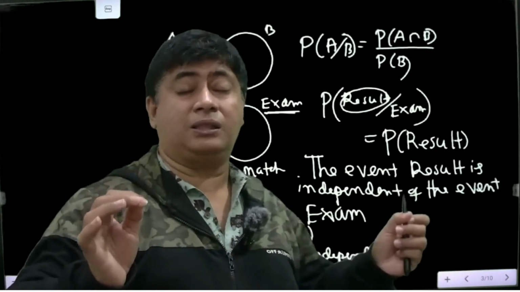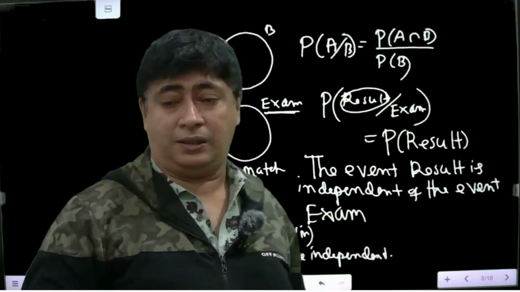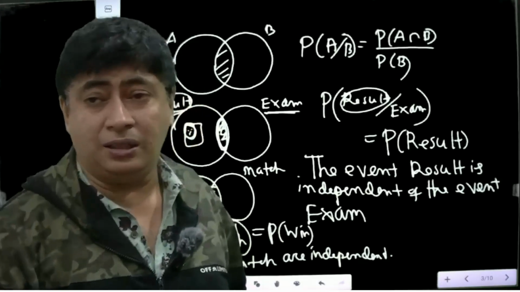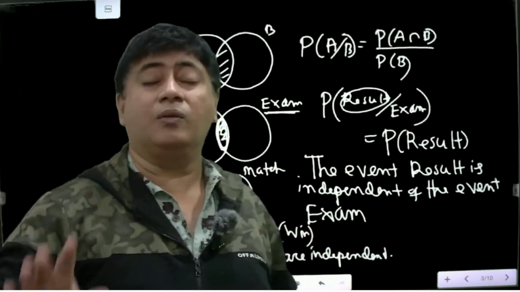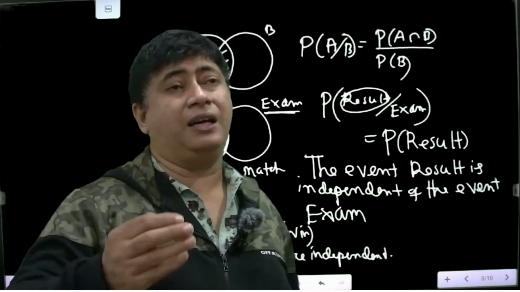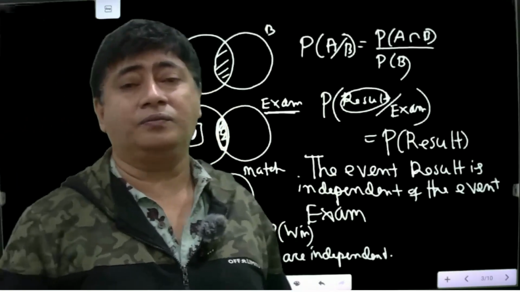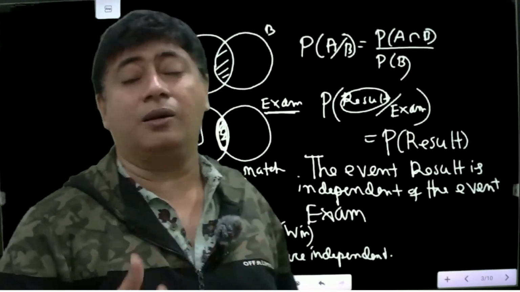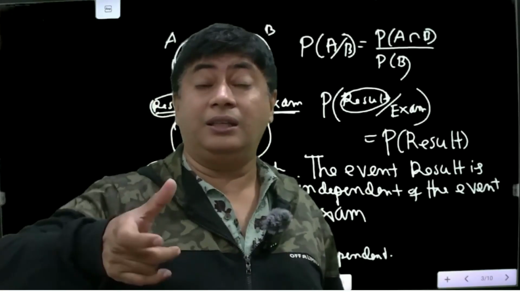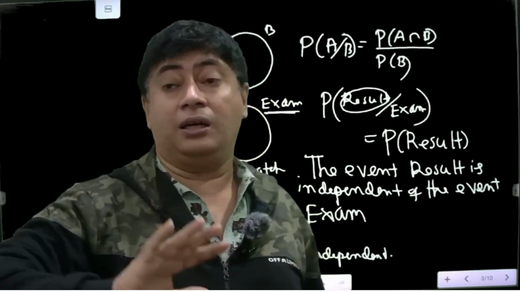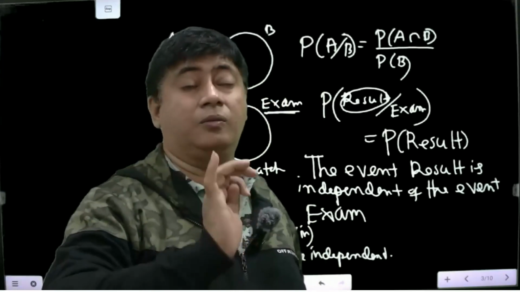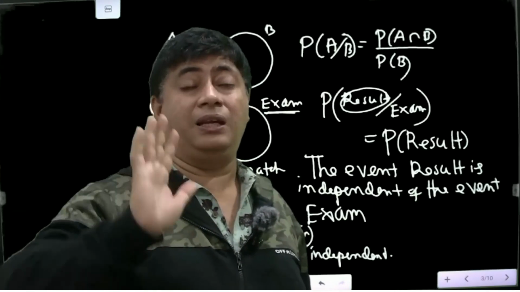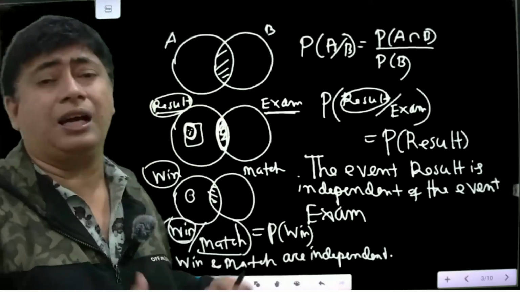But in some cases, the opposition is absent in the ground, so one team is selected as winner. If I take the reference of the 1996 World Cup, Australia was absent in a match and Sri Lanka was announced as winner. So in that match, the winning team did not depend on the match played. Understand? So that is an example.